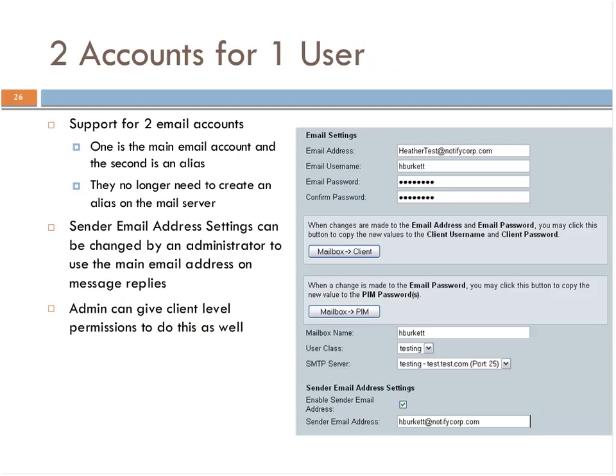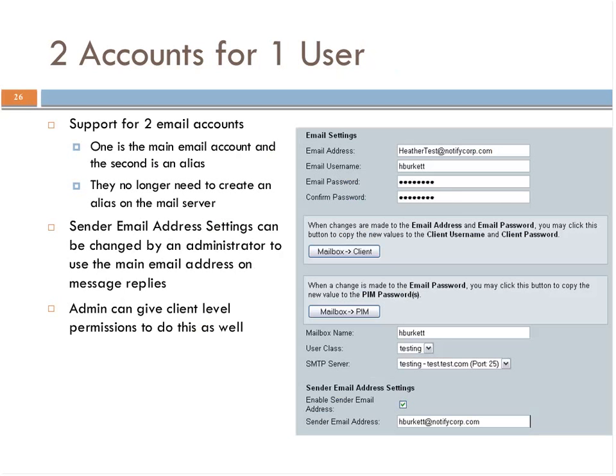The other interesting feature is the ability to have a second device on your email account. With the iPad coming out, or with some of the tablets coming out, some of the folks really want to have both a smartphone and a tablet on their same account. This can be done.